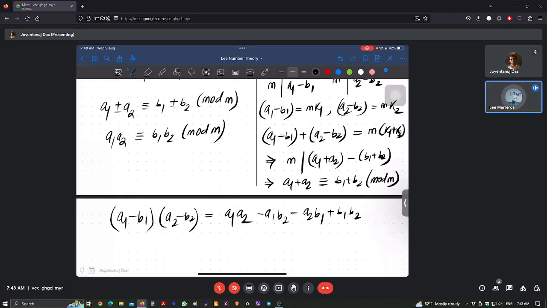Maybe we can factorize. No, we already got from the factorization. We have over there A1 A2, and we also have B1 B2. But how will you remove this term?